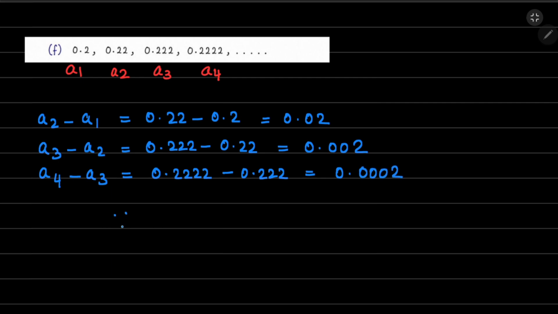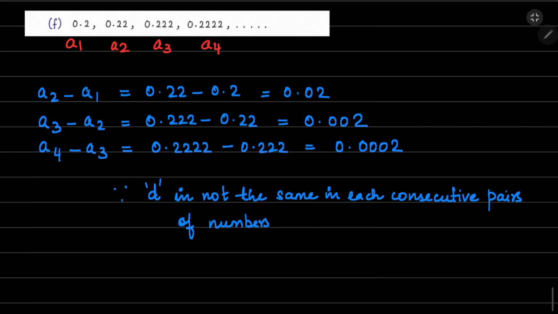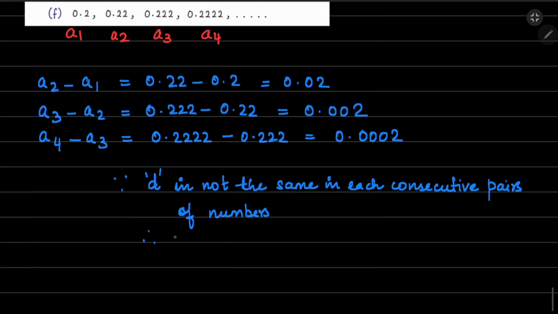So you can write, since D is not the same in each consecutive pair of numbers, therefore the given sequence is not an AP.